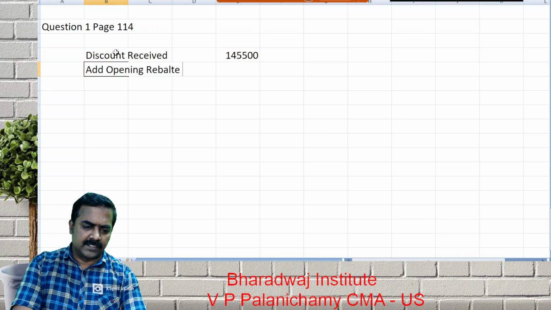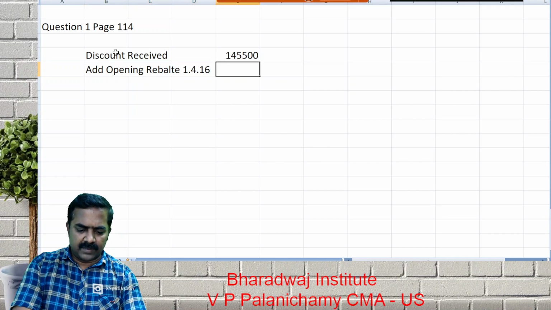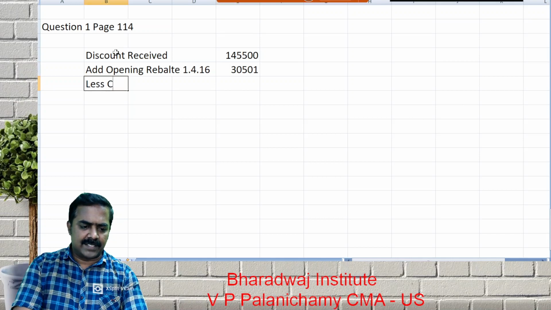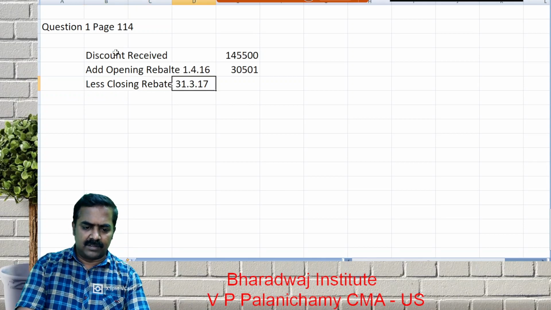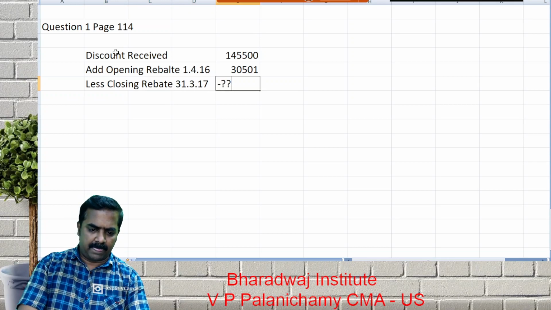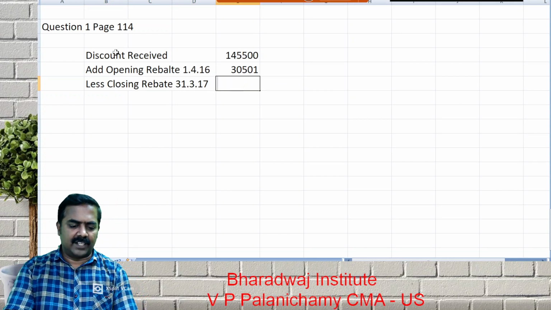Opening rebate. That is on 1/4/2016. How much have we been given? 30,501. Less closing rebate, we have to work out. Closing rebate, that is on 31st March 2017, we have to work out. What is it? That we have to find out.